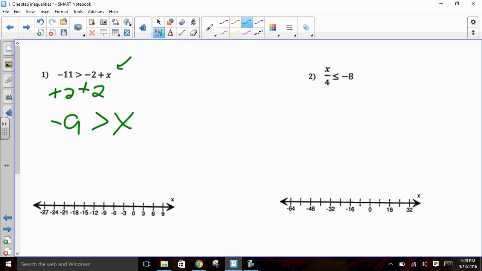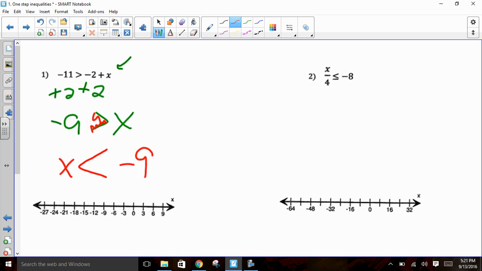When I read inequalities, I want my x to be on the left side. So what I need to do here is rewrite this inequality. So I have x and I have my negative 9. In my green statement, my negative 9 is getting eaten by my inequality.